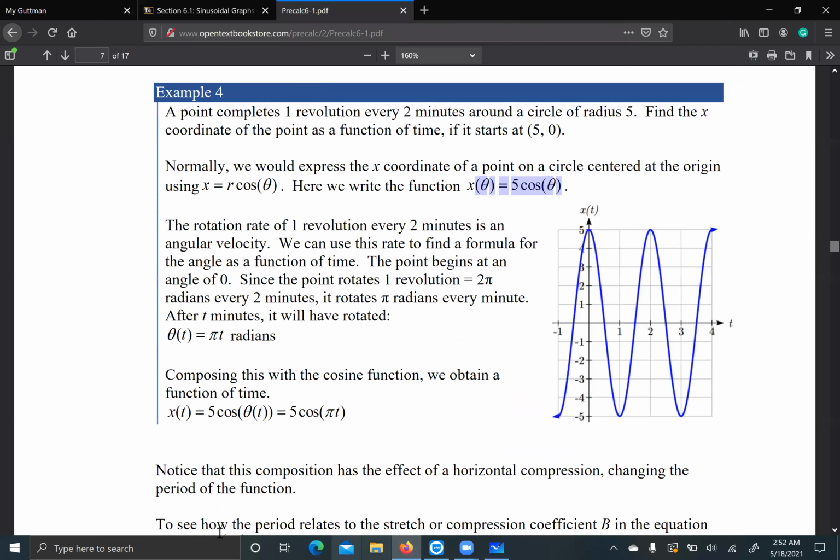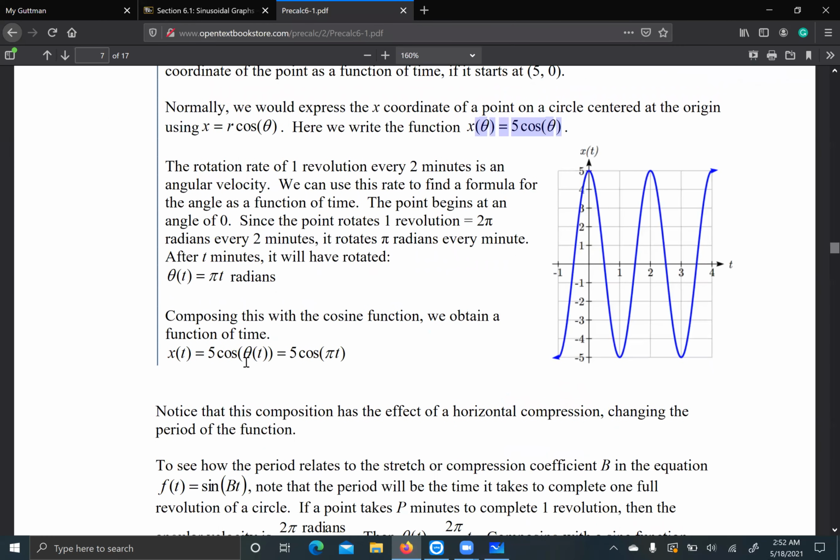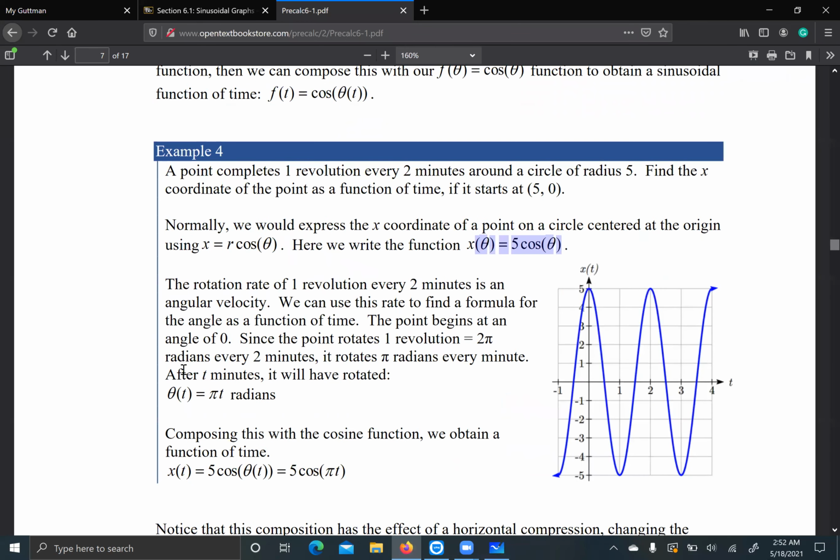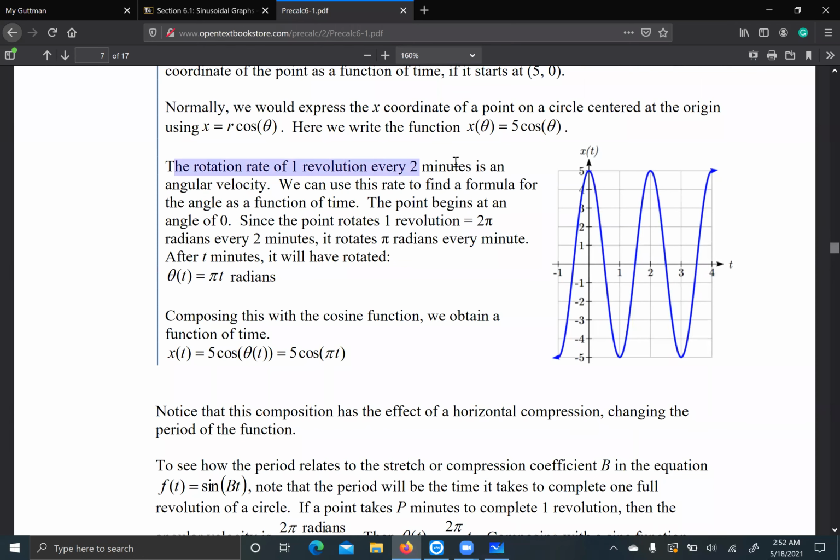And then, because the period is every 2 minutes, the rotation is every 2 minutes, and that means 2 pi. We know that for cosine the period is 2 pi. How should I explain this?